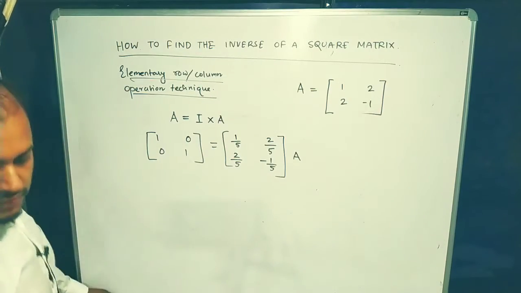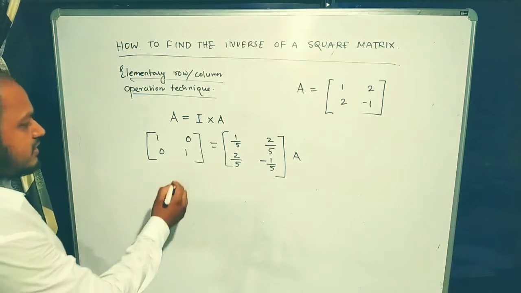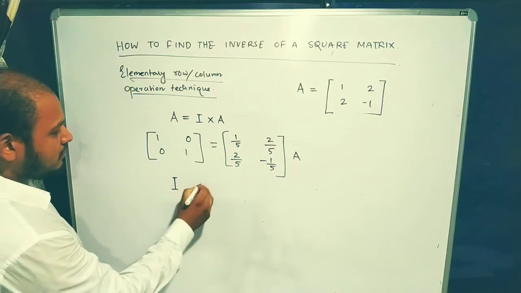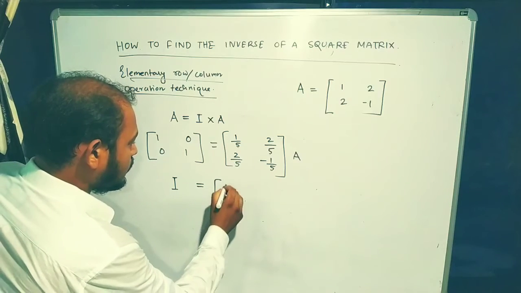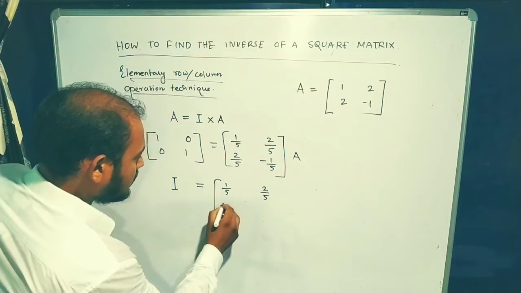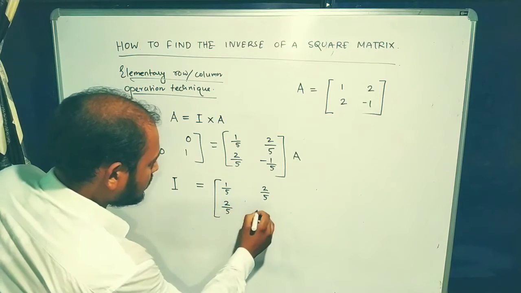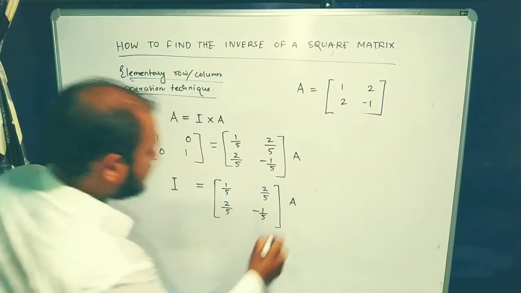And now after the elementary row column operation, we are left with this part. So we are seeing that I is equal to a matrix 1 by 5, 2 by 5, 2 by 5, minus 1 by 5, times A.